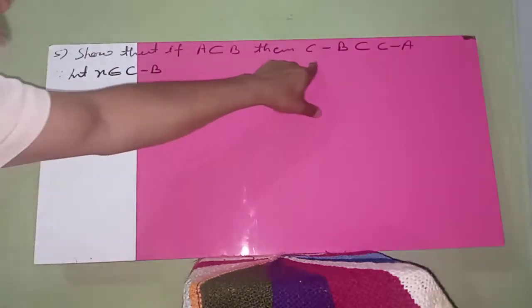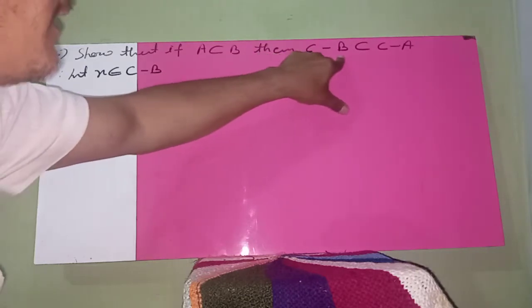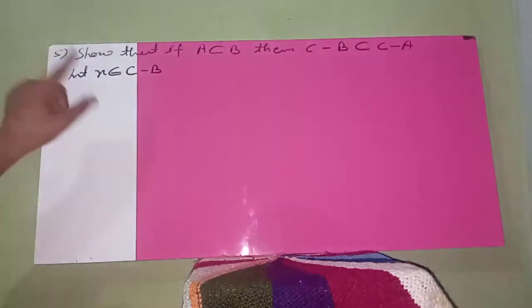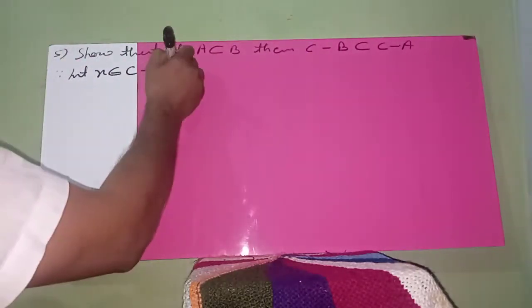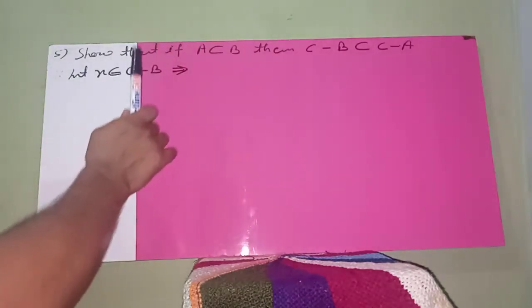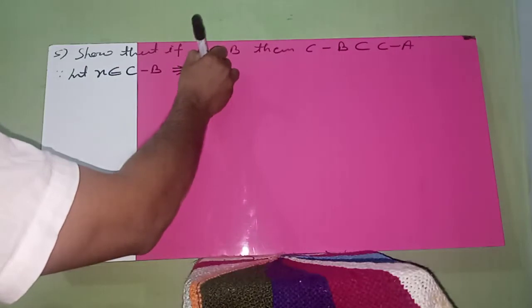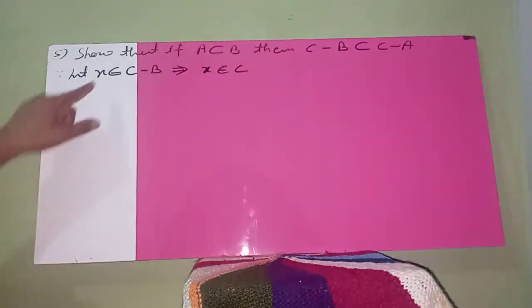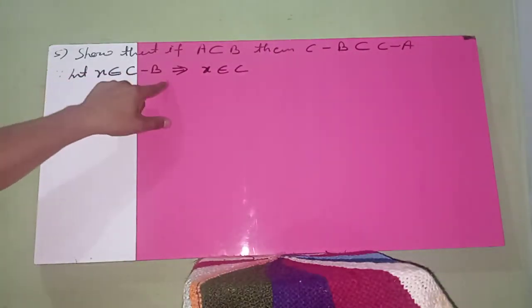Okay, suppose that I supposed that the element in C minus B is X. So that implies, what does that imply? X is the element of C. What is the definition of C minus B?